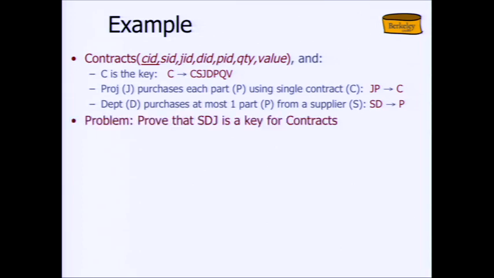Okay, here's the challenge. Prove that SDJ is a key for contracts. Why? I don't know. You'll see soon. But right now, let's see if SDJ is a key or not. So here we go. We know that JP determines C, we know that SD determines P, and we know that C determines everything. Do we believe that SDJ determines everything?